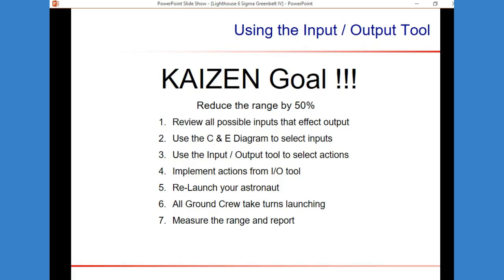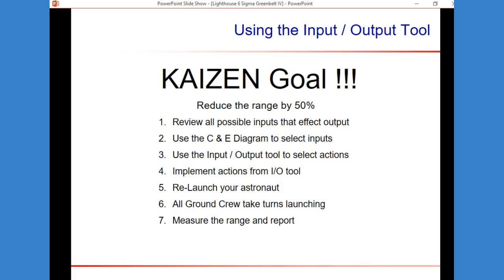And then I'm going to have you go through 2 tools. Once you review all the inputs that you think affect the output after your shot, the goal is going to be the same. I want to see the range reduced by 50%. So you're going to review all the possible inputs that affect the output, and you're going to put them on this C&E diagram, on this fishbone.